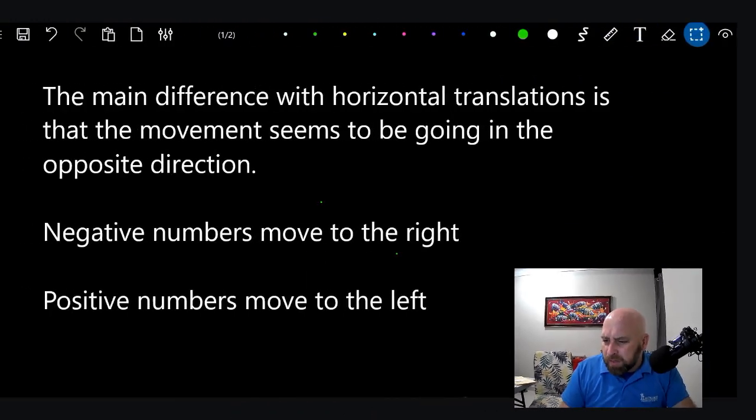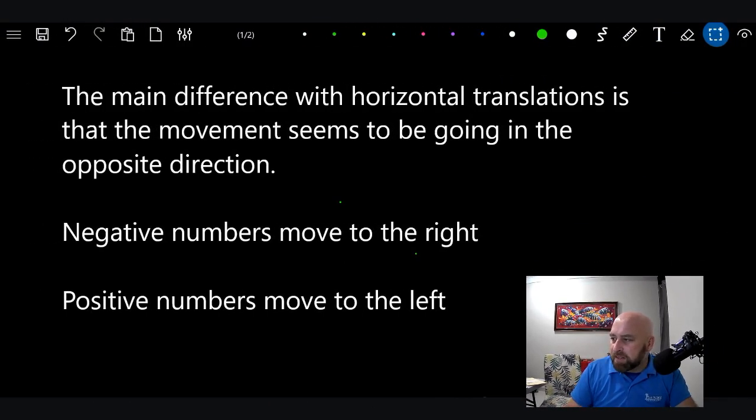Here on the screen, and then in your book, it's on page 477. Page 477. Here on the screen, I have it written down, and then also in your book, it's got a little box with it in it. It says the main difference with horizontal translations is that the movement seems to be going in the opposite direction.